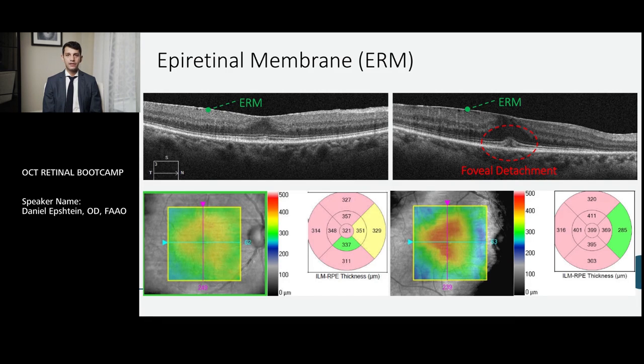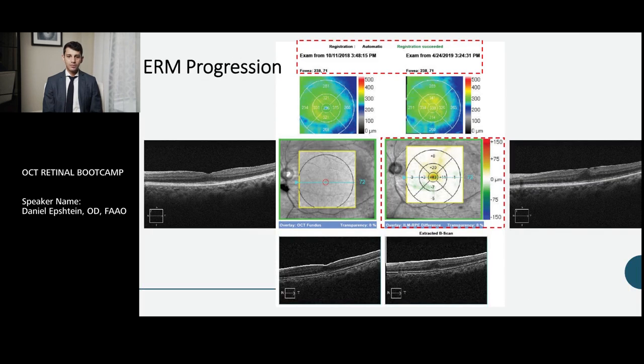But if the ERM gets worse, like the patient on the right, you can see there's more traction. You can actually see the fovea is beginning to detach. These patients are really the ones that you want to get a retinal consult on because they can progress to actual vision loss.